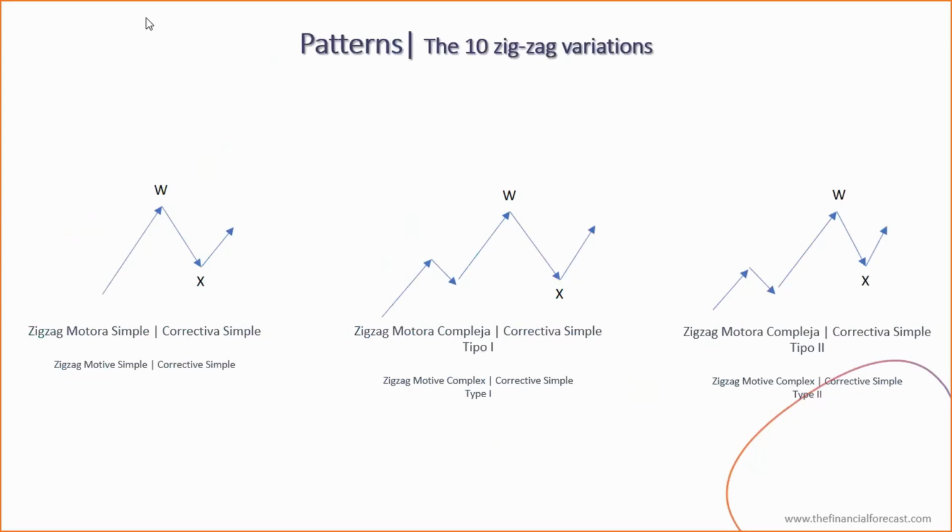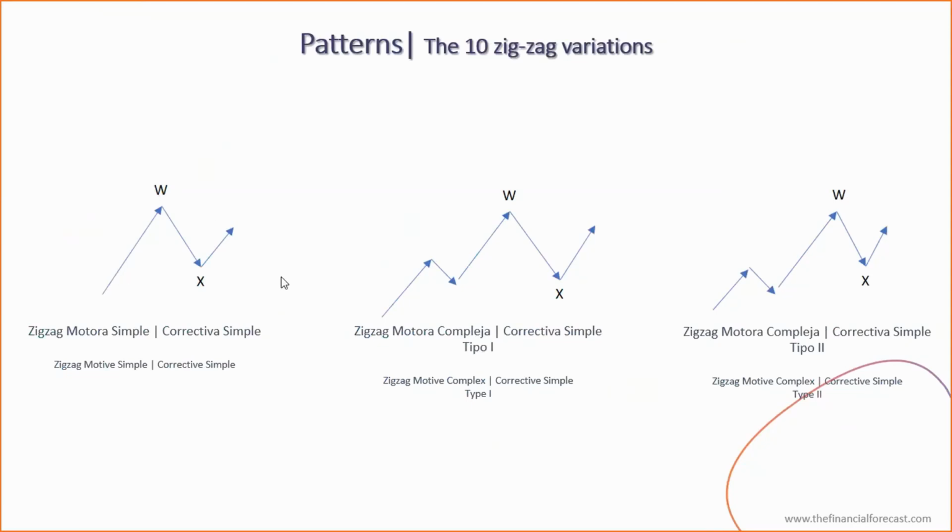I'm using 10 for this strategy builder, but we can build more and more. Starting from a very, very simple zigzag where W and X are completely simple, to very, very complex waves. When the corrective wave, for example, can take up to 8 different waves to get built.